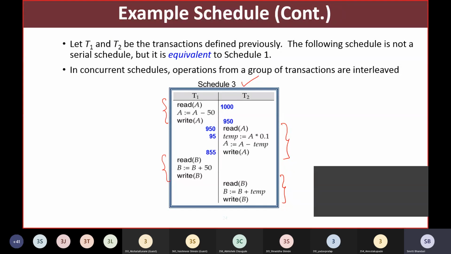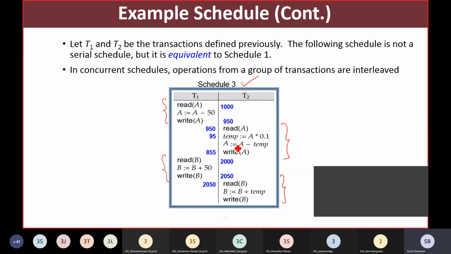Okay, now once again T1 starts executing. So T1 is reading B's balance for the first time, so it is 2000. Now the 50 gets added into B's account, right? So 2050 will be written back in B's account. Now the remaining instructions from T2.